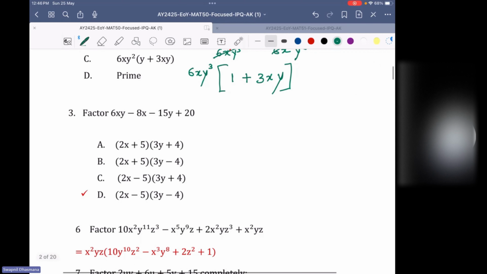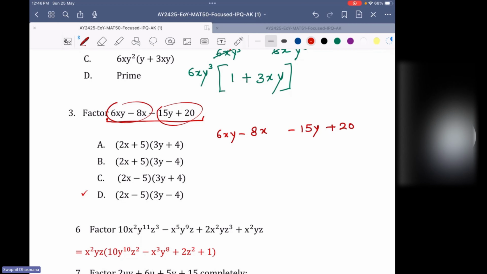Now there's nothing common between all of them. As you can see, for all four, there's nothing common. So let's take the first two and last two separately. So 6xy minus 8x minus 15y plus 20. The first two, I can take a 2 and x common, which means I'm dividing by 2x.